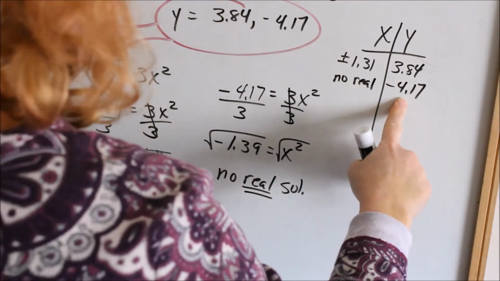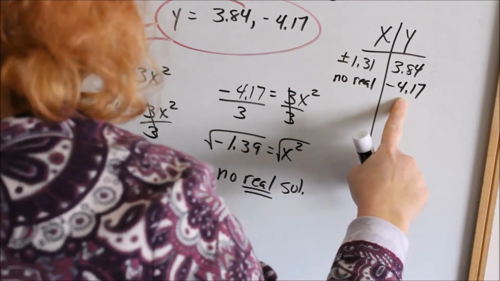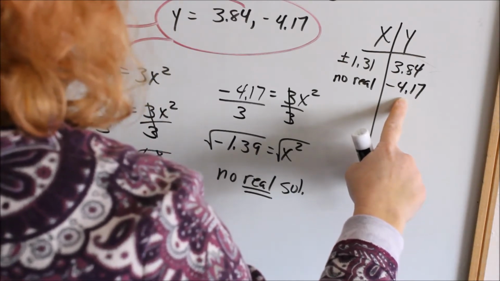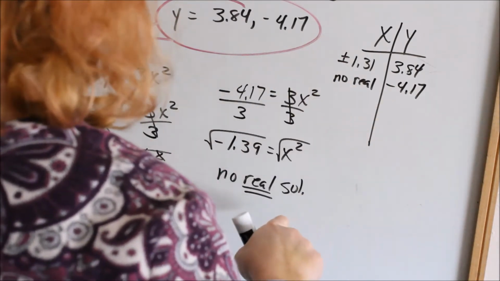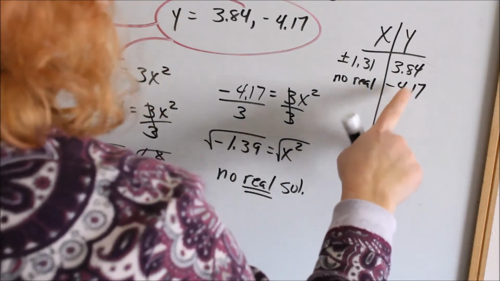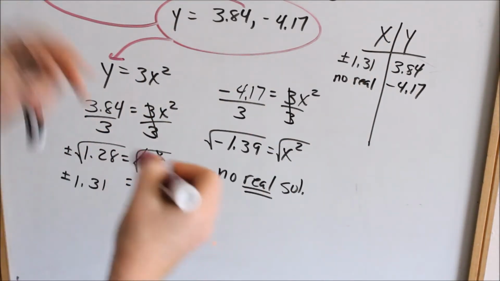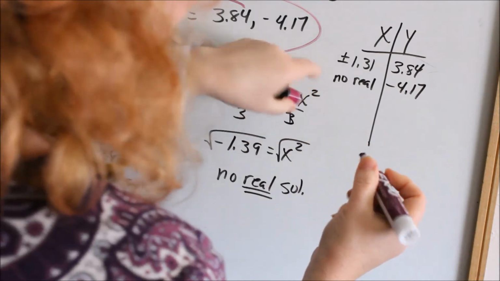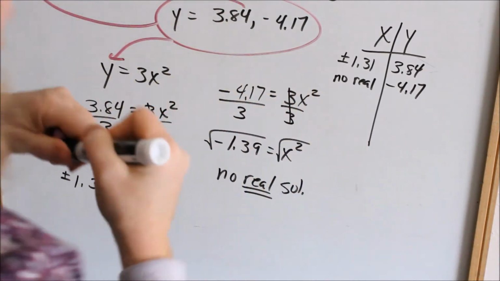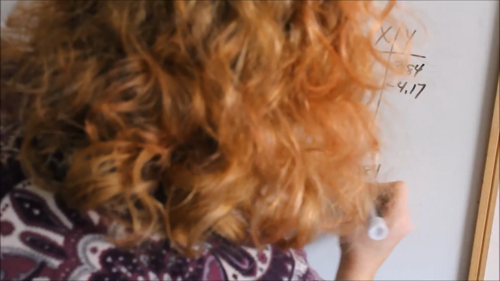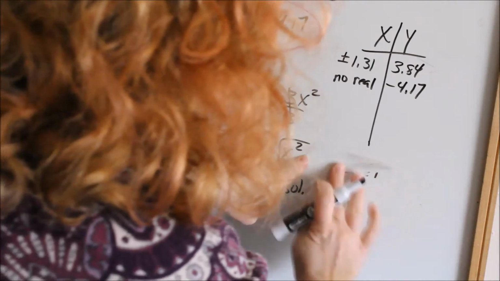Don't always assume that if you have a negative number here, it's going to work out like that. Okay? Put it back into your equations and let your equations tell you if that's the case. Sometimes you can have negative values in your coordinates. So now what this tells us is that when y is 3.84, make sure you put that into your right spot.